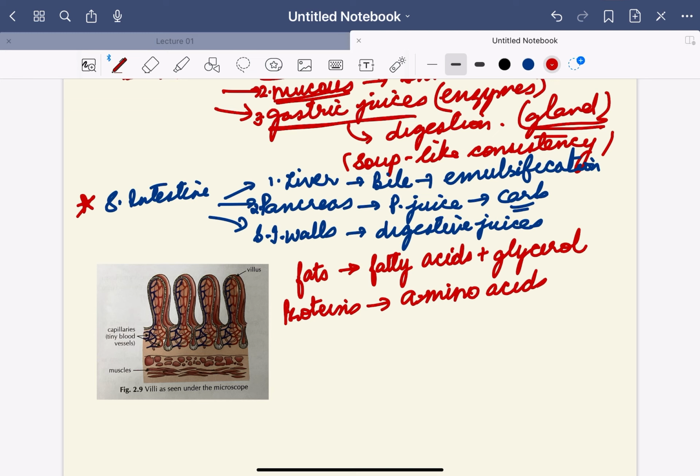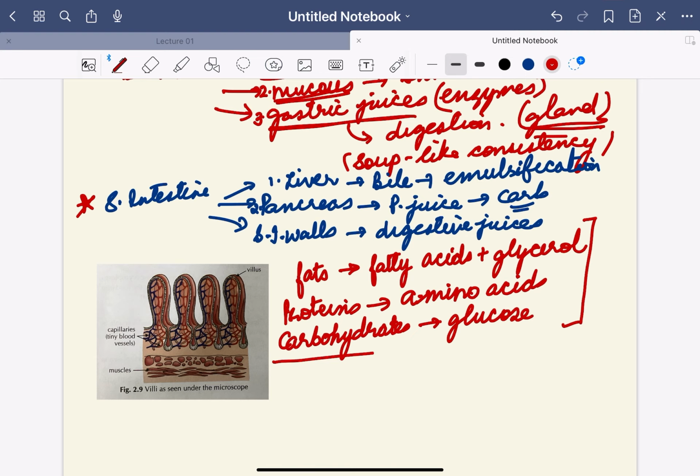Actually, first they break down into peptide chains and later on into amino acids. And whatever leftover carbohydrates had escaped digestion in the mouth will be completely digested into glucose. So all these things are digested completely, and the process of digestion comes to an end in the small intestine.